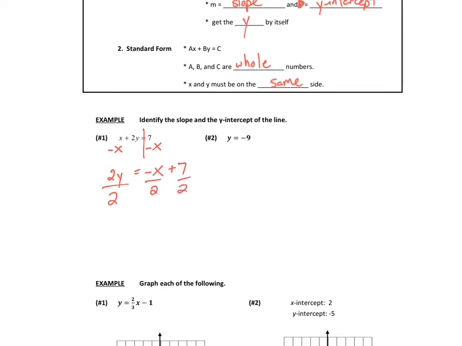I like to get in the habit of dividing everything by 2 separately. So we end up with y equals negative 1/2 x plus 7 over 2. All right, so your slope is negative 1/2, and the y-intercept is 7 over 2.